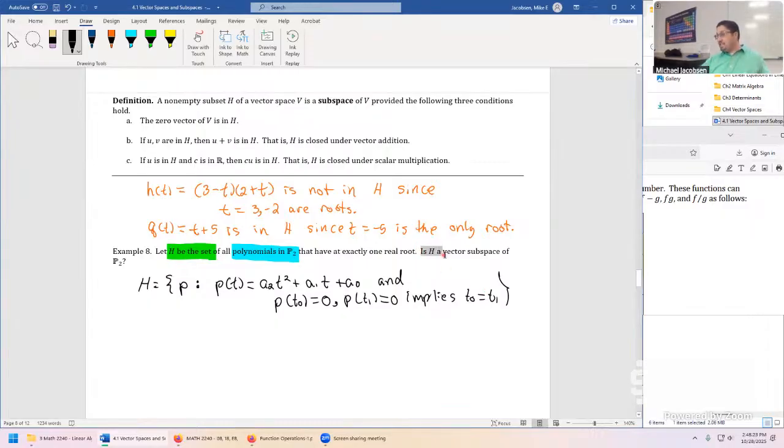So the question is, is this a subspace of P2? Let's think about this one for a moment. There's 3 different parts to check. We wonder if it has the 0 vector, is closed under addition, and closed under scalar multiplication. Definitely, it's not empty because the element Q would belong to the set H. We don't know if it's a vector space at the moment.